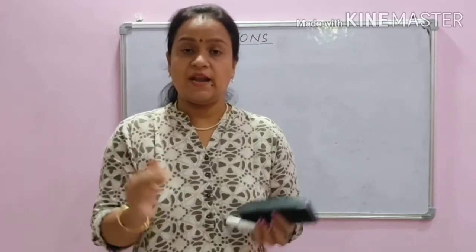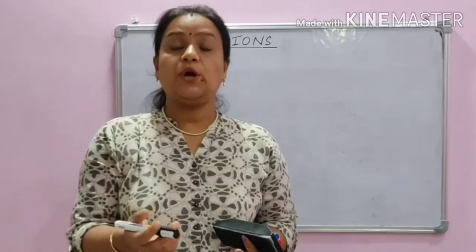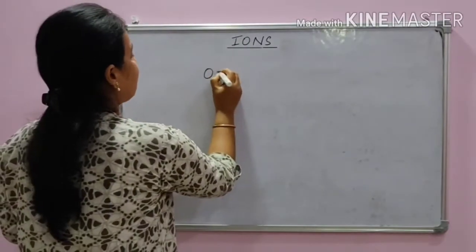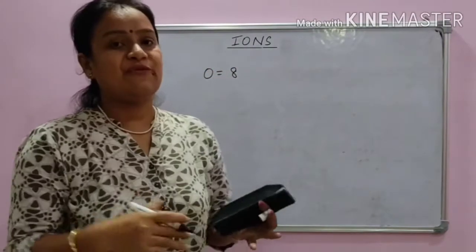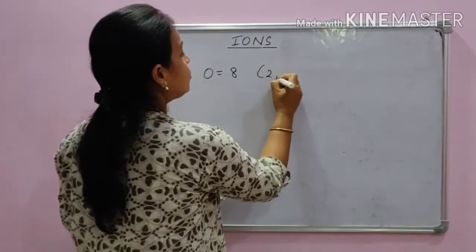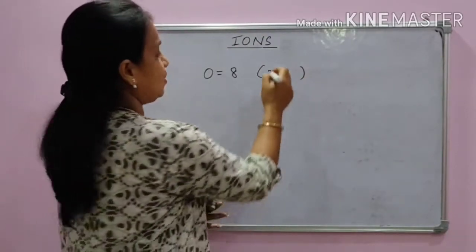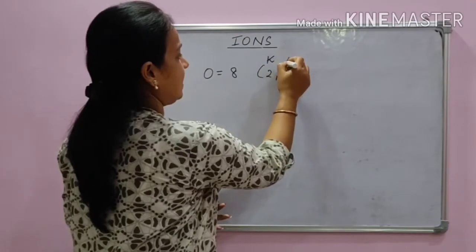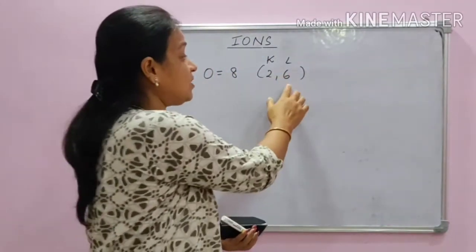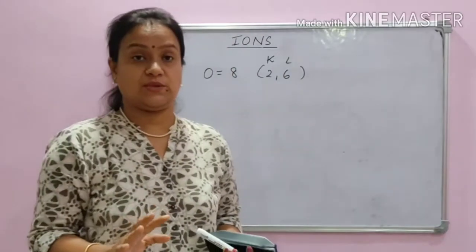Now let us understand how they attain these charges. Take the example of, say, oxygen. The atomic number of oxygen is 8. So if we go for its electronic configuration, it is 2, 6. K shell has 2 electrons and L shell has 6 electrons, whereas we know that L shell can accommodate 8 electrons.